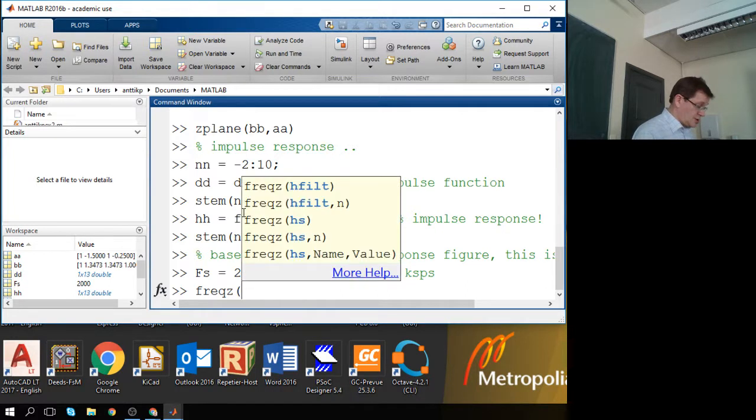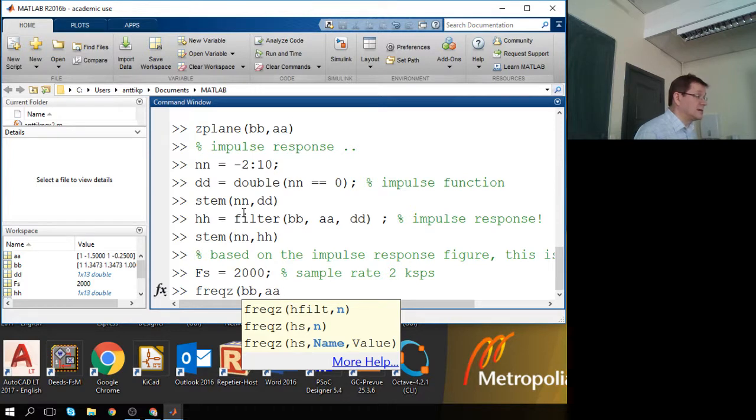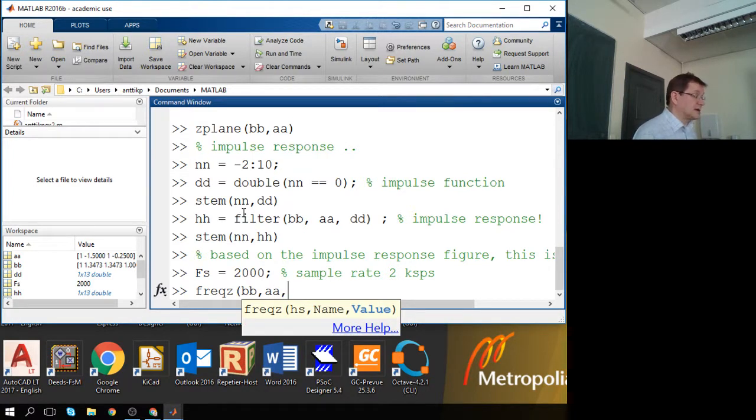freqz, and the system is bb, aa. Okay, sorry about that one. The freqz actually gives funny help there. I'm used to this old-fashioned way of defining the system by vectors. That one, with the name and value pair, actually defines it by the newer kind of structured data, closer to object data in MATLAB.